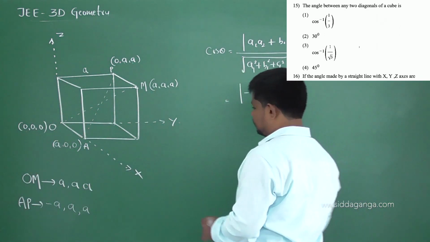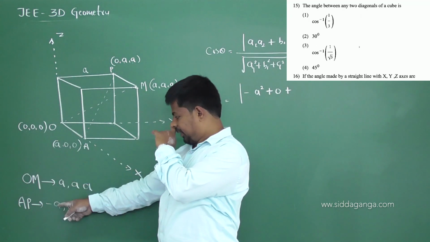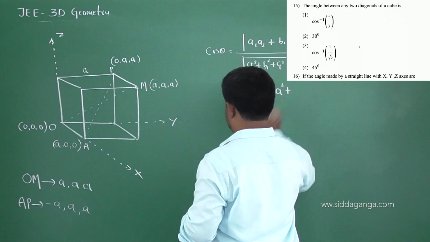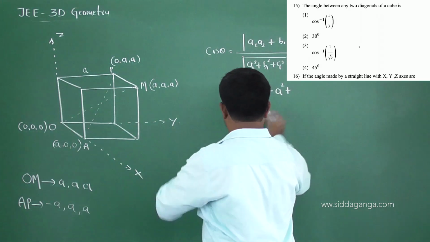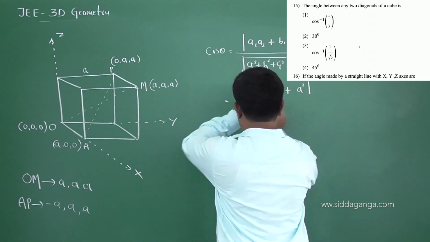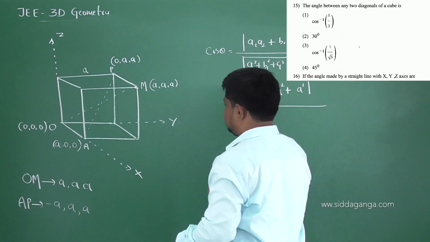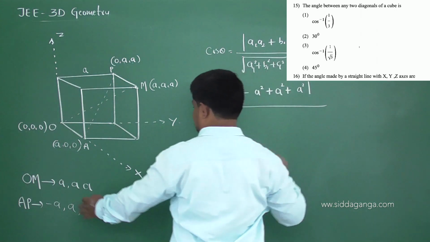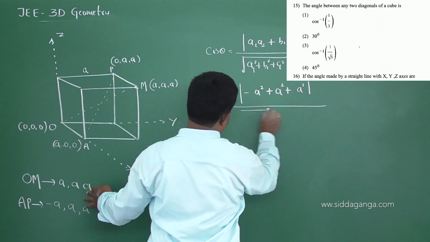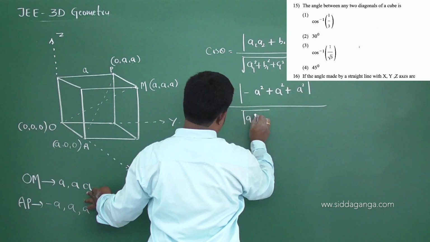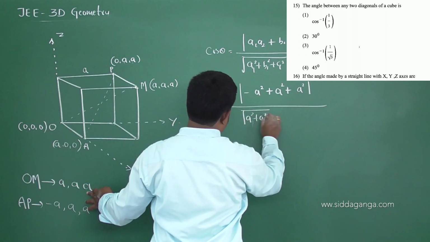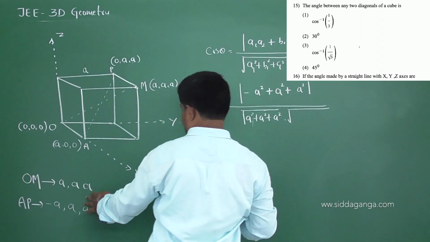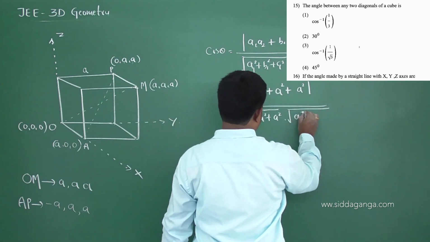Now a1 a2 a square, a1 b1 b2 again a square, plus c1 c2 again a square, whole divided by root of a1 square plus b1 square plus c1 square. So root of a square plus a square plus a square, into root of this again a square plus a square plus a square.